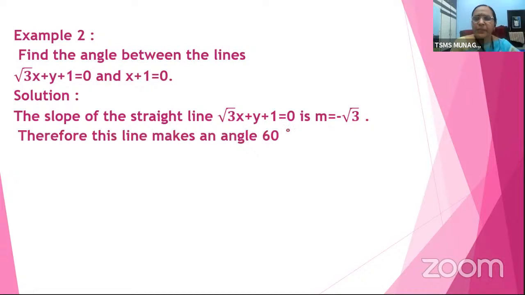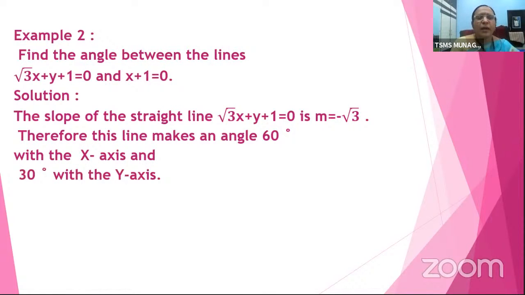Obviously we can say that it is the angle 60 degrees which it makes with the positive x-axis. Now, if it is making 60 degrees with the x-axis, as you know, the angle between x and y is only 90. If it makes 60 with the x-axis, obviously it makes an angle of 30 with the y-axis.